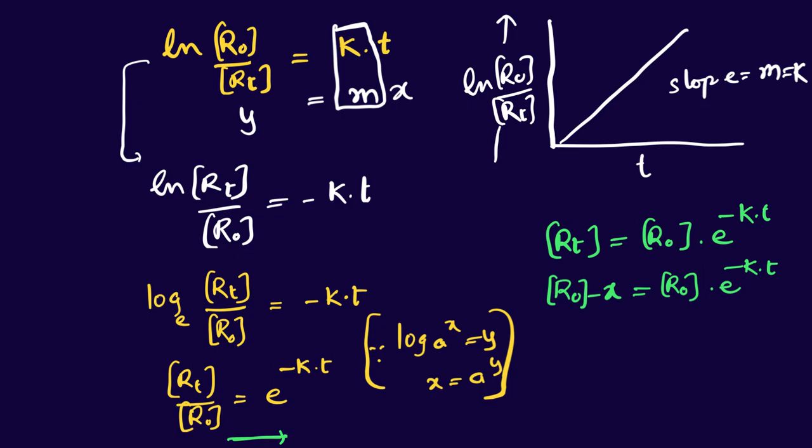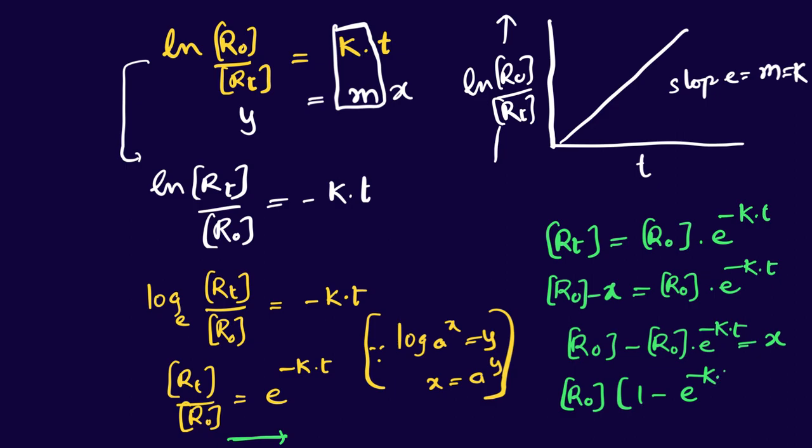Now x taken to the right side, and the right side term comes to the left side, then R naught concentration into e power minus kt is equal to x. Then R naught taken common, so R naught into 1 minus e power minus k into t is equal to x.